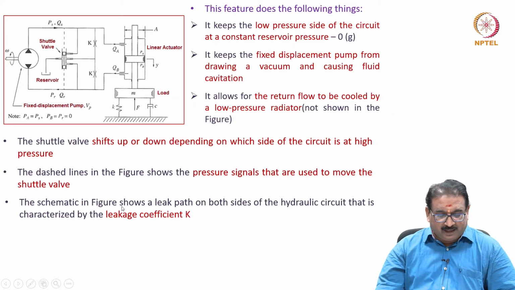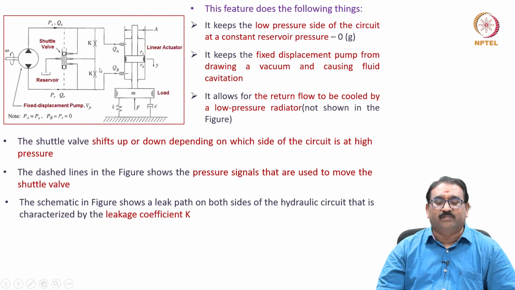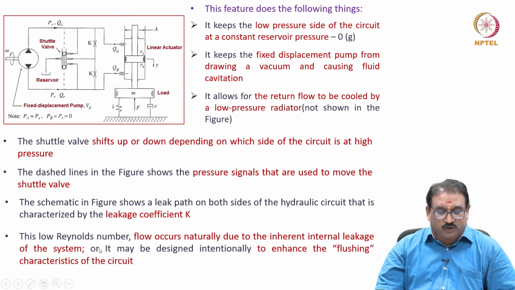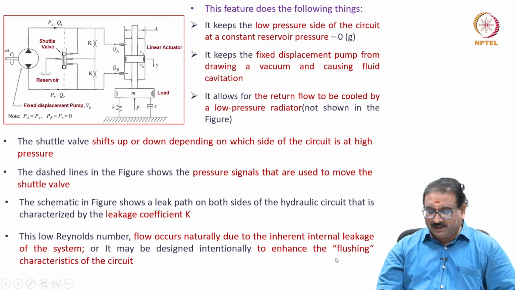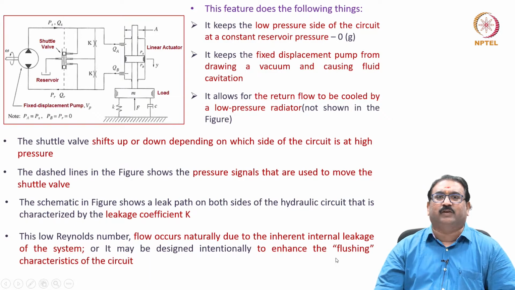The schematic in the figure shows a leak path on both sides of the hydraulic circuit that is characterized by the leakage coefficient K. This low Reynolds number flow occurs naturally due to the inherent internal leakage of the system, or it may be designed intentionally to enhance the flushing characteristics of the circuit.